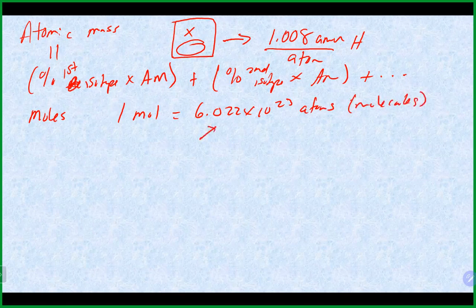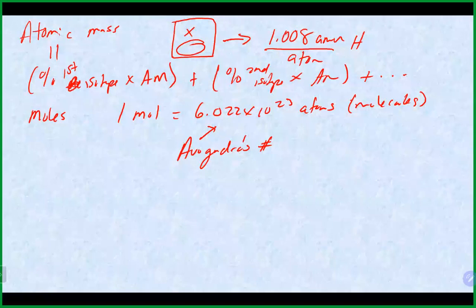And this is what is known as Avogadro's number. Avogadro's number is the conversion factor that we use to go between those two units. If we need to go from moles to atoms or molecules or backwards, it really is Avogadro's number to do that. So moles to atoms, or again, molecules, heading back and forth, that is what we want to use as a conversion factor.